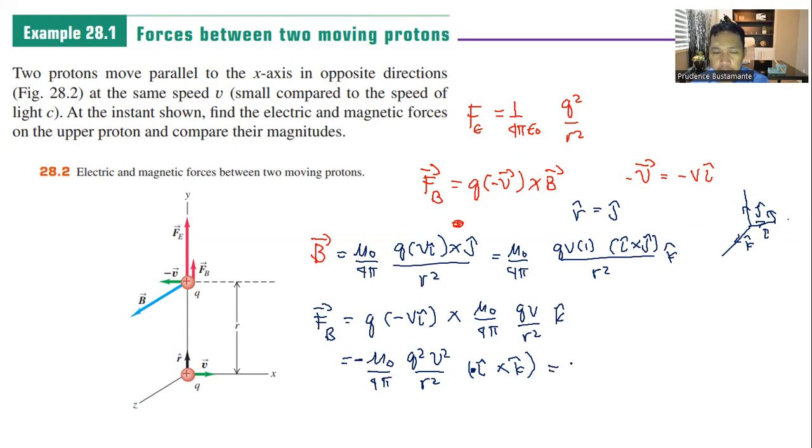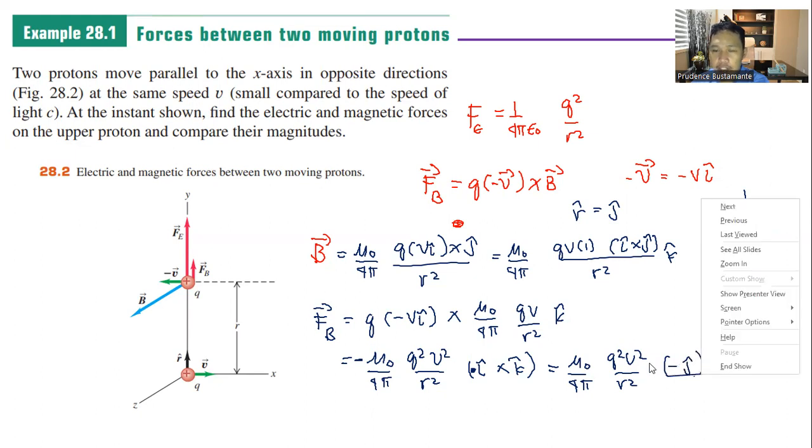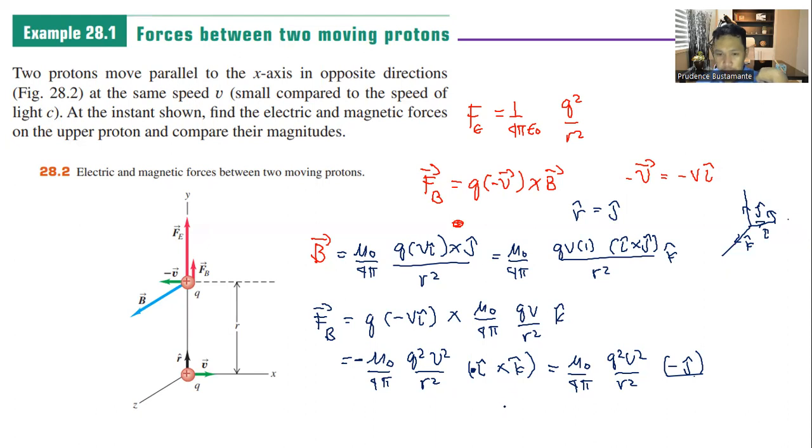So this is equal to mu naught over 4 pi Q squared V squared over R squared times negative j.